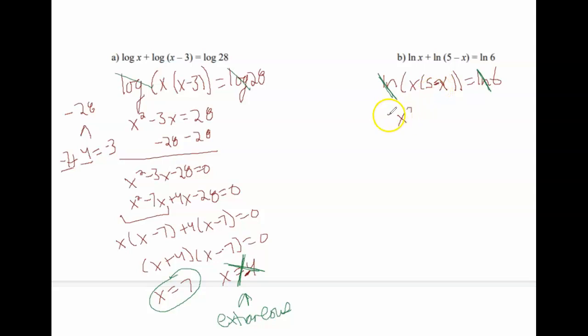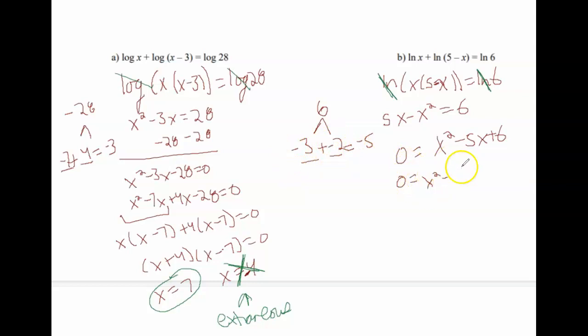So 5x minus x squared equals 6. This goes back to being really comfortable with factoring.